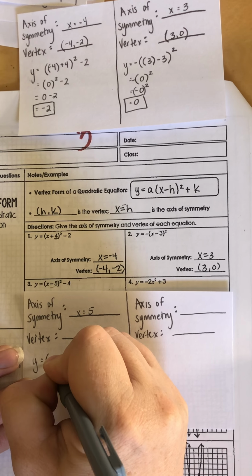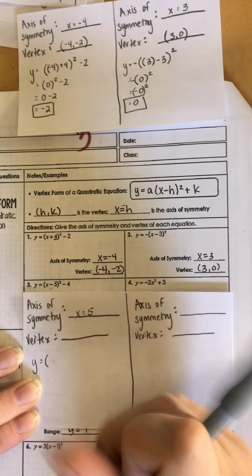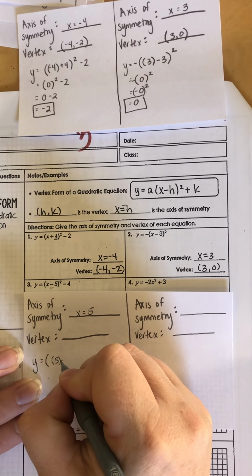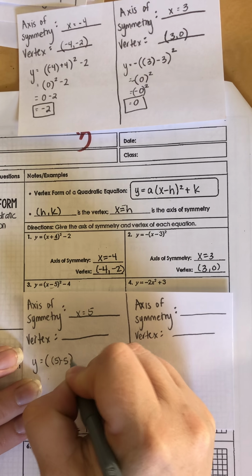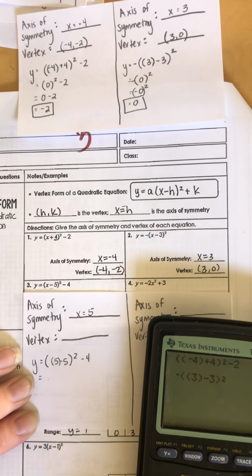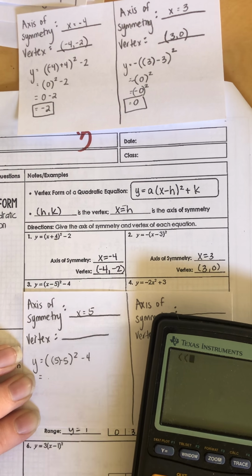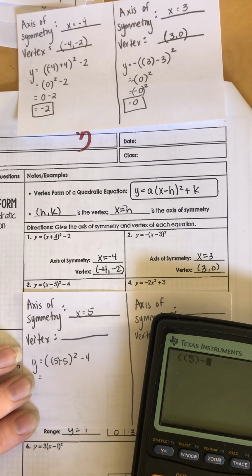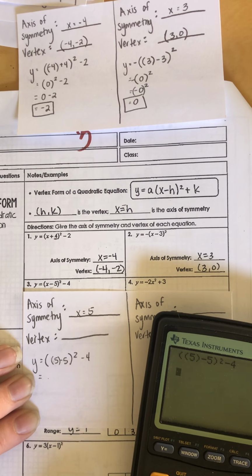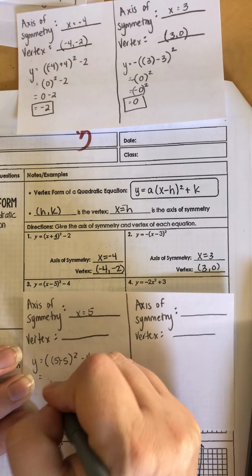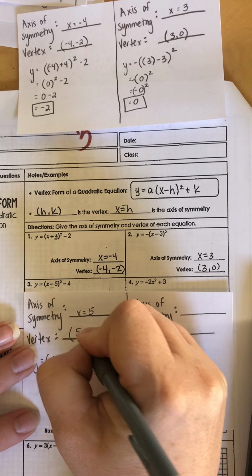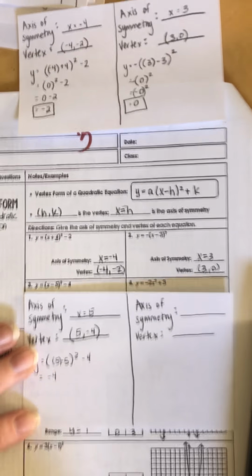Y equals 5 minus 5 squared minus 4. So negative 4. And go ahead and put a coordinate. So 5, negative 4. Perfect.